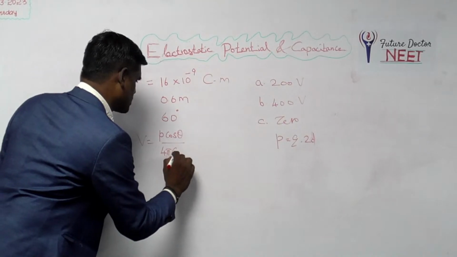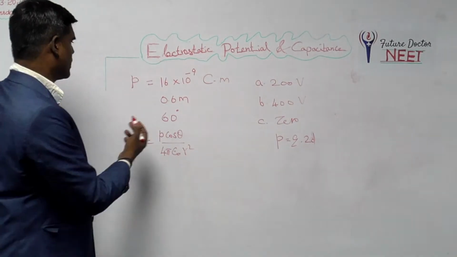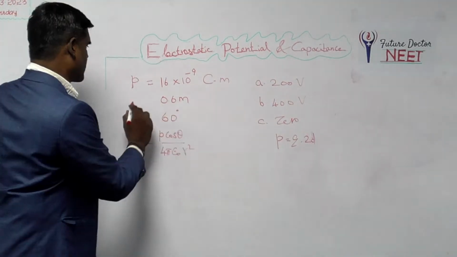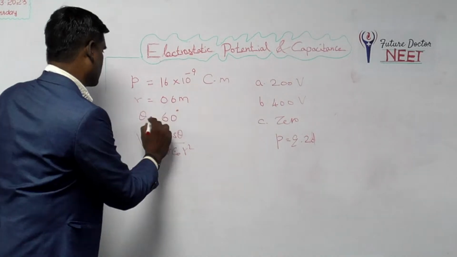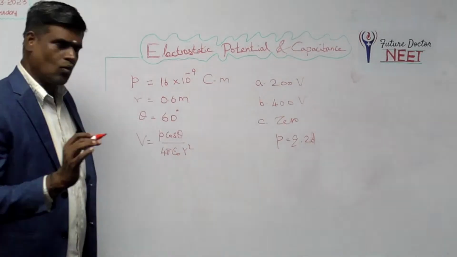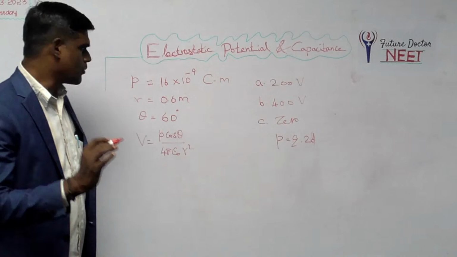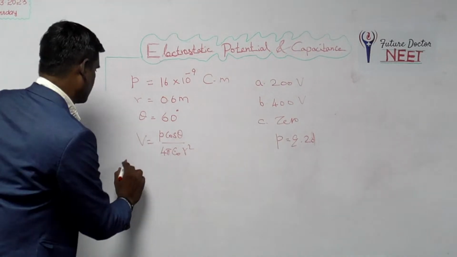So here 0.6 meter is r, and this is theta. You just want to substitute. P is given directly. Substitute and simplify, and you know the value of 1 by 4 pi epsilon naught is 9 into 10 power 9. You simplify and say the answer.